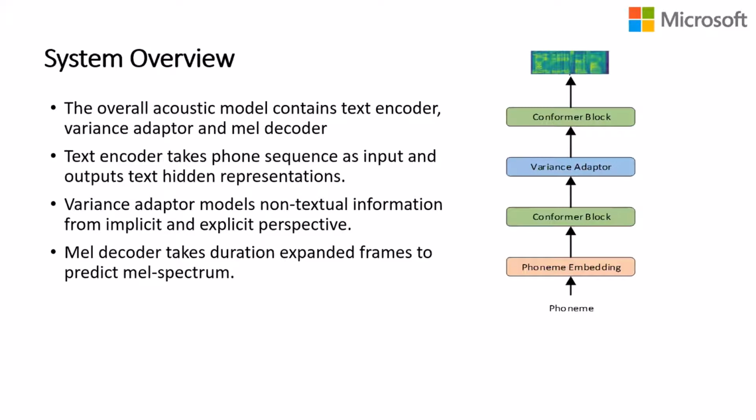The variance adapter models the pitch, the duration, and some process vector extracted from the mel spectrum. The mel decoder takes the text data and the pitch, duration, and process vector to predict the final mel spectrum.